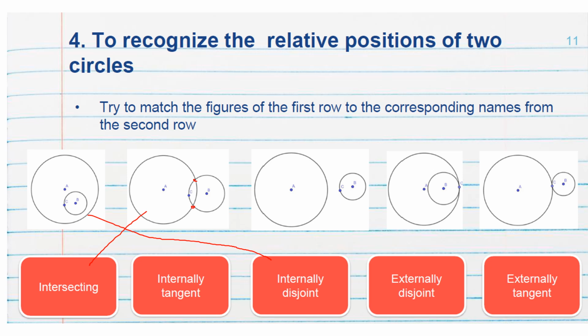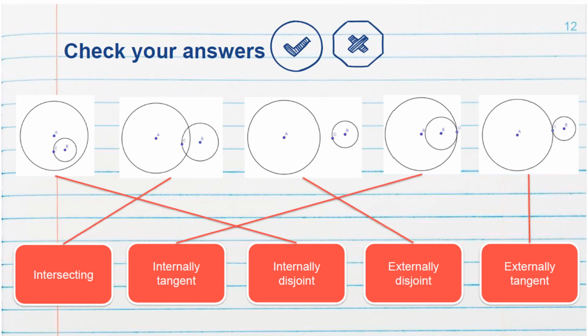These two circles, no common points, so they are disjoint but externally. These two circles have one common point, but from inside, so they are tangent but internally. And these two circles are externally tangent. So please check your answers.